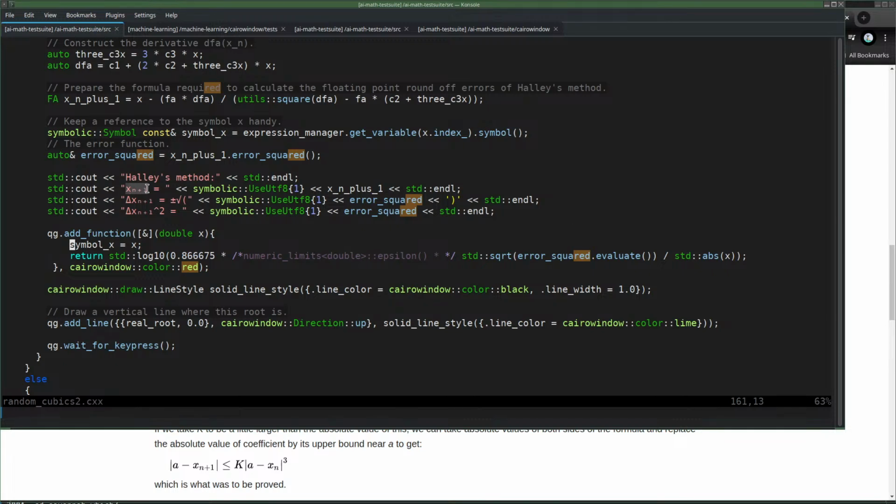Okay, we need this value. This would be the error squared, and that's the error in xn plus 1. So you have to divide by xn plus 1. Okay, so I need that one and then evaluate it, I think. Which is equal to this one.